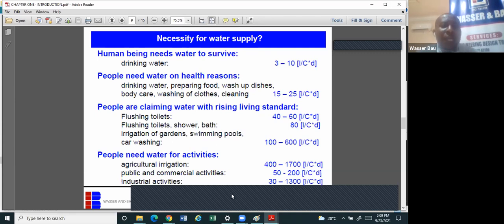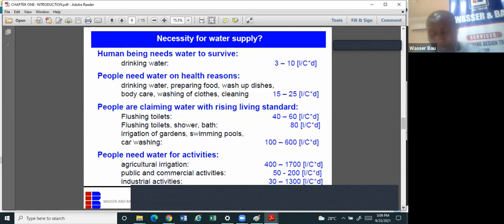Then to flush your toilets, to take your shower, to irrigate your garden, to your swimming pool, to wash your car, you need about 40 to 60 liters. Then other external things also have their water requirements. So at the end of the day, we have observed, and many countries all over the world have understood, that between 100 and 150 is enough for one single soul per day.